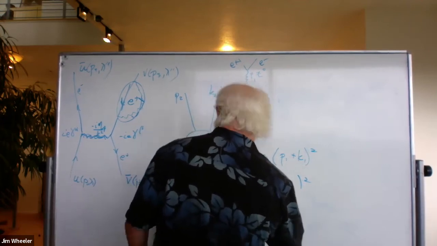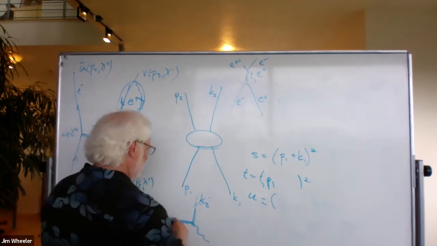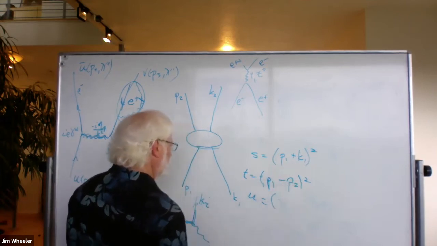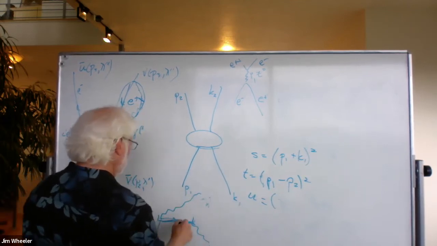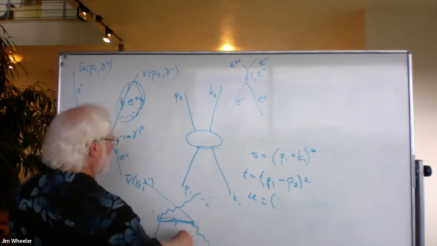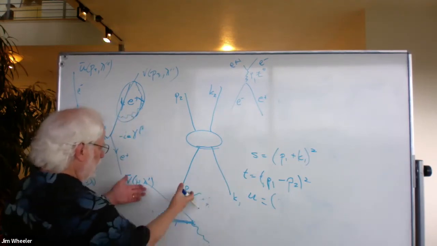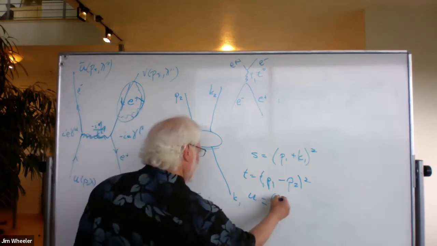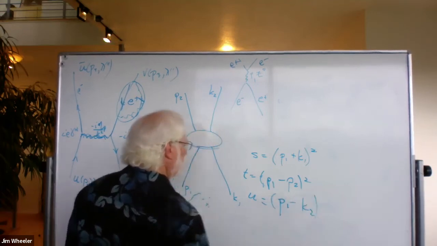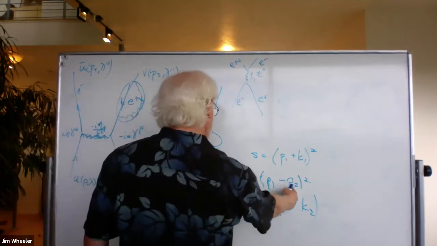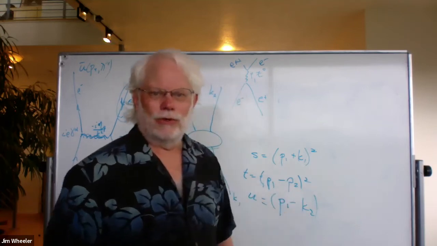So you start with P1 coming in, and then this channel loses this much, so the channel has P1 minus P2. Or if you're looking at a diagram that goes the other way, where this photon comes out there and this particle comes out here, sometimes you can interchange those, right? And be seeing that process. If you just see a photon and an electron, which do you see where? Well, then that's a U exchange, and that's going to be P1 minus K2. If I've done this right, it's P1 minus P2 and P1 minus P2, but it's the other 2 here.